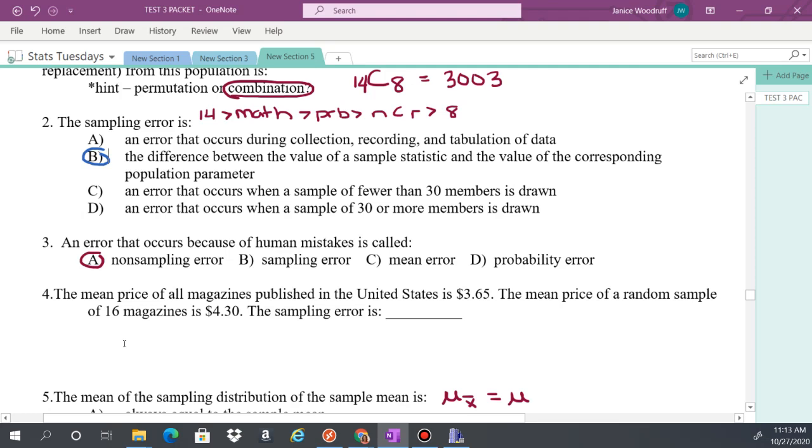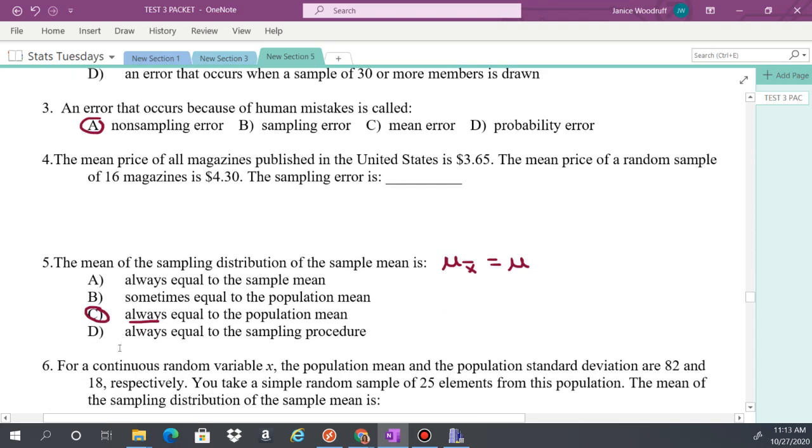All right, number 4, the mean price of all magazines published in the United States is $3.65. Probably a little outdated, I think the cost has risen significantly since then. But the mean price of a random sample of 16 magazines is $4.30. The sampling error is the mean from the sample minus the mean of the population.